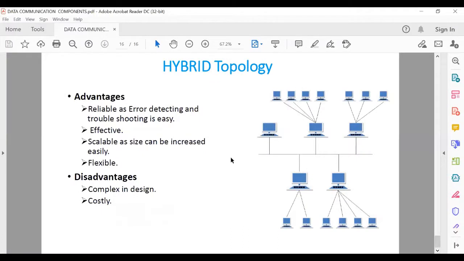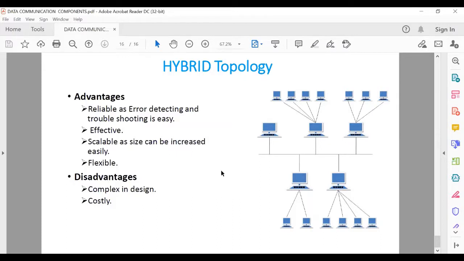Next is the hybrid topology. Here it is a mixture of two or more different types of topologies. For example, if in an office in one department ring topology is used and in another star topology is used, connecting these topologies will result in hybrid topology, meaning a combination of ring topology and star topology, like this. Combinations of two or more topologies will be involved.